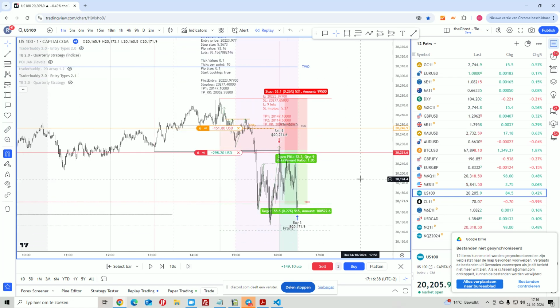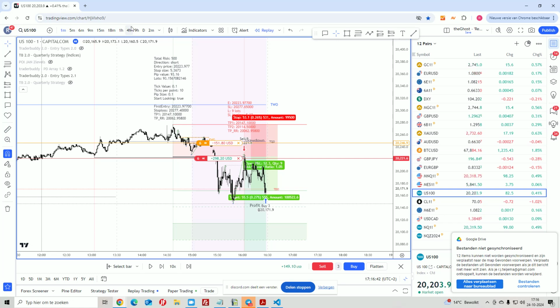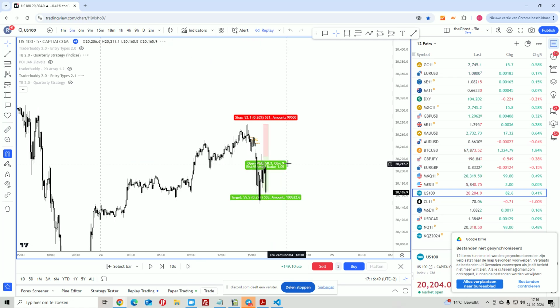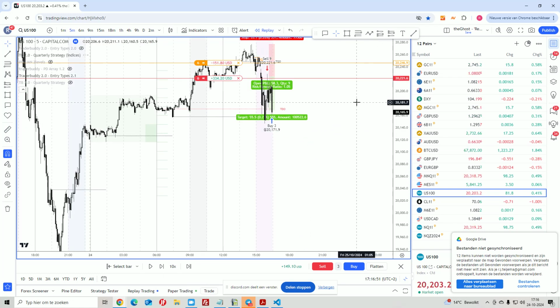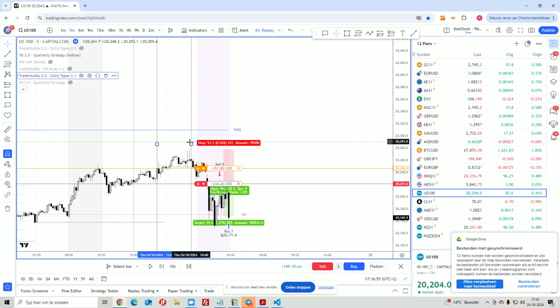And the only thing I do now is get projection levels from a higher time frame. For instance, the 5-minute.